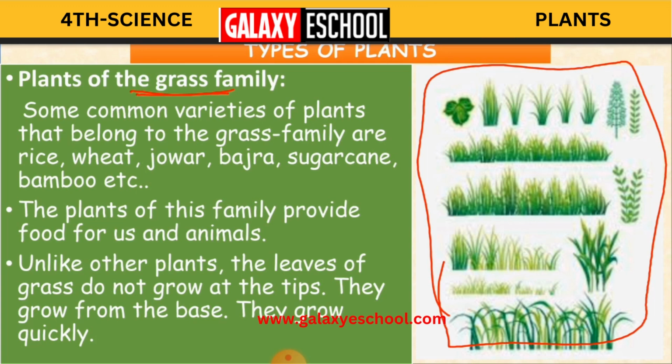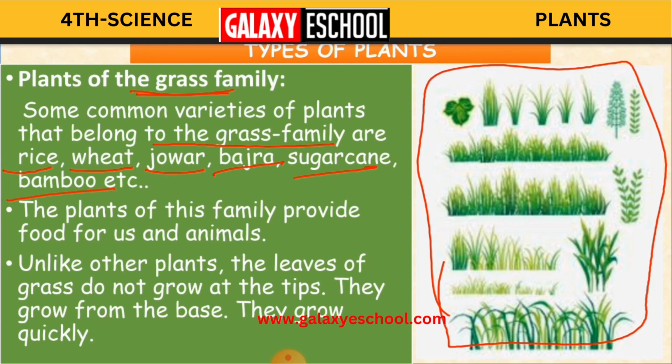For example, rice, wheat, jowar, bajra, sugarcane, bamboo. They are common varieties of plants that belong to the grass family. They look like grass only. That's why they are called the grass family.